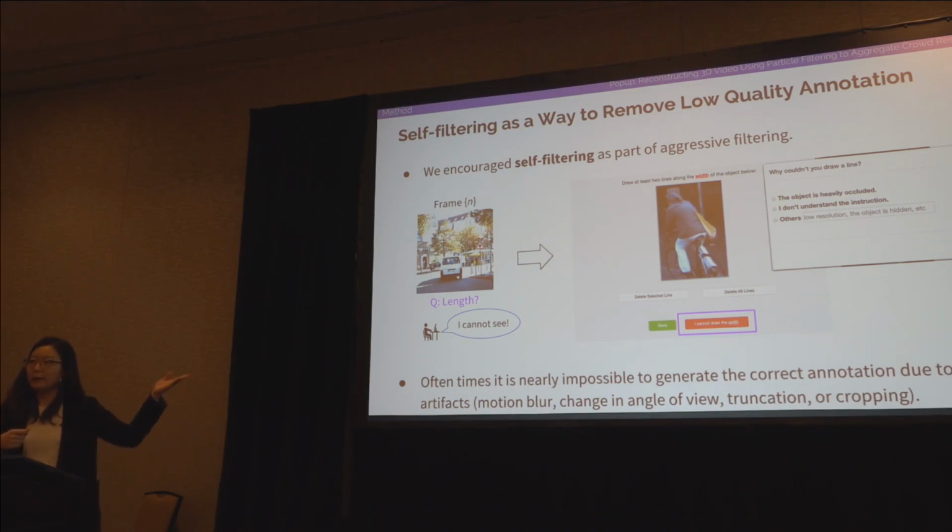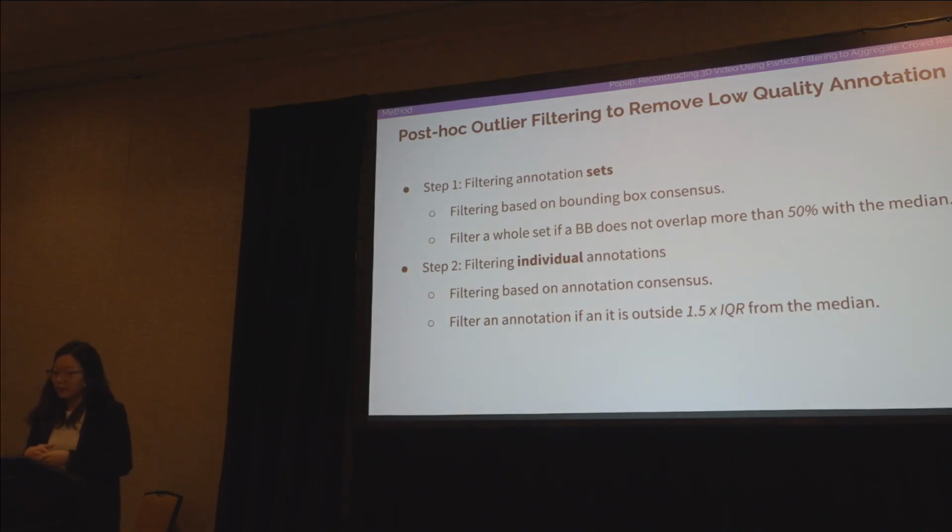So for the white van example, where the length was almost impossible to draw, the workers could simply click the "I cannot draw" button and skip drawing the dimension line for that entity. This was particularly useful in our case because for the vehicles, there were cases where it's blurry, too small, or the view angle wasn't right. So yeah, there were many workers who used this functionality.